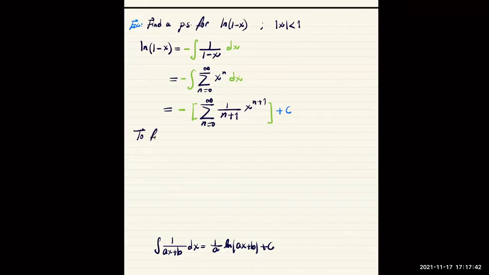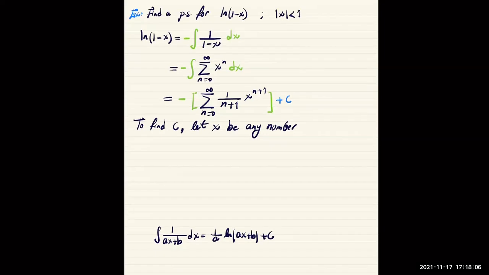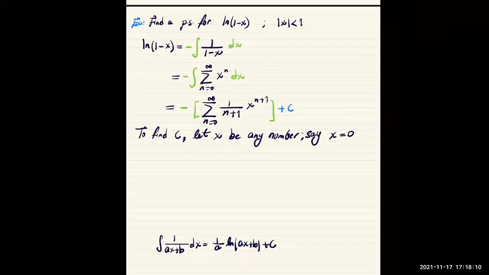To find c, choose a point, or let x be any number. Take the easiest number, like 0. Say x is equal to 0.